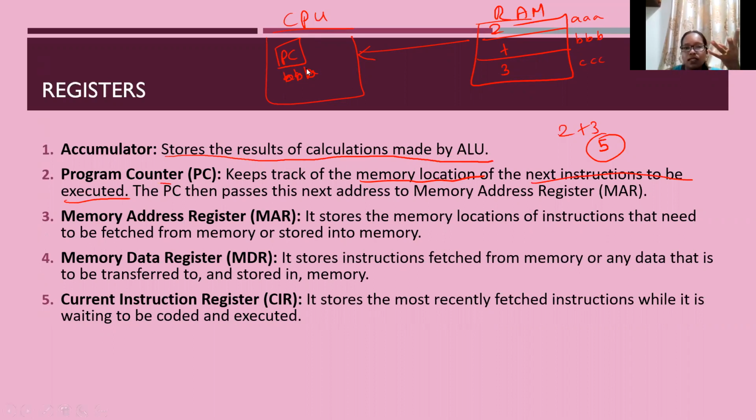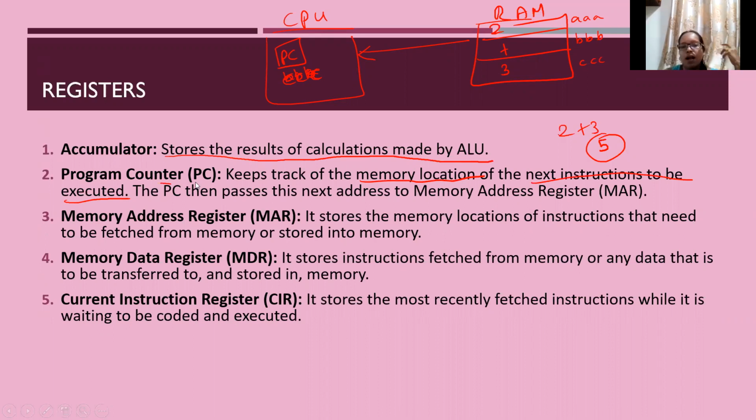Now, after fetching that data, the PC will show you have to take the next instruction from the CCC cell. Likewise, one by one, it will instruct the CPU to take the instructions from those cells, right?